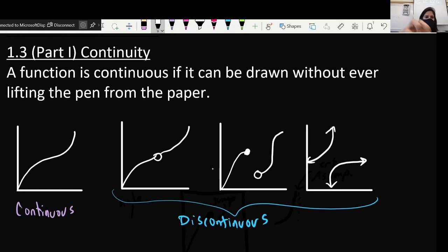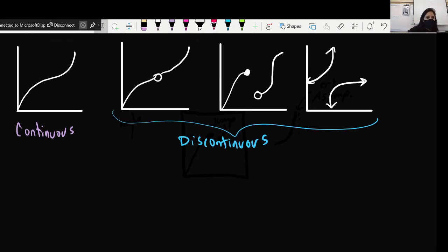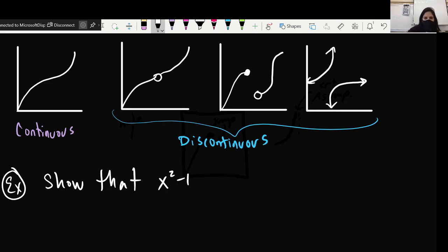Let's get into how we would actually work with this. So in our first example, we want to show that x squared minus 1 is continuous at x equals 2.